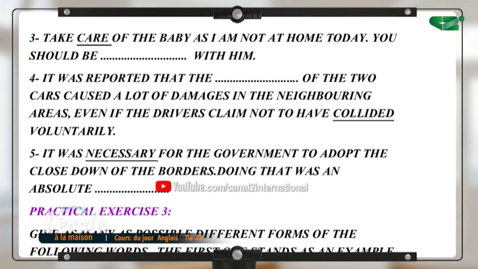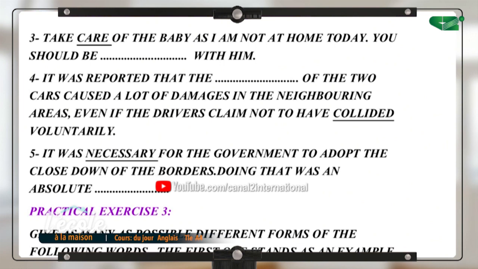This sentence concerns the coronavirus pandemic that we are living now. And the sentence says that it was necessary for the government to adopt the close down of the borders, and that doing that was an absolute, you change necessary into the correct form.